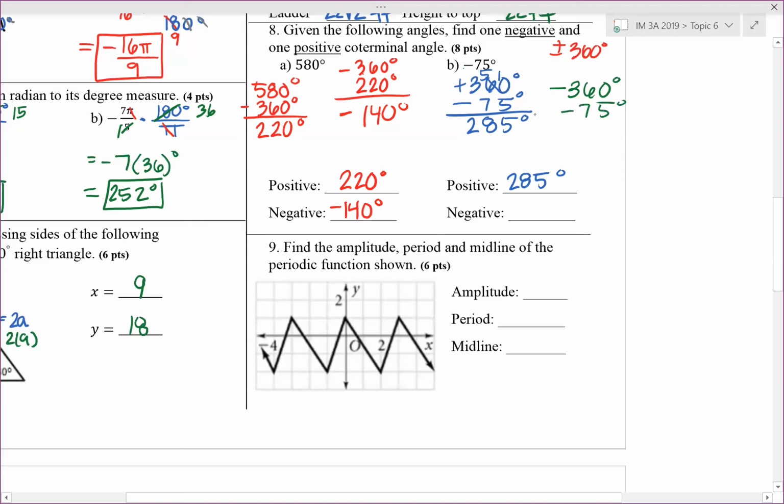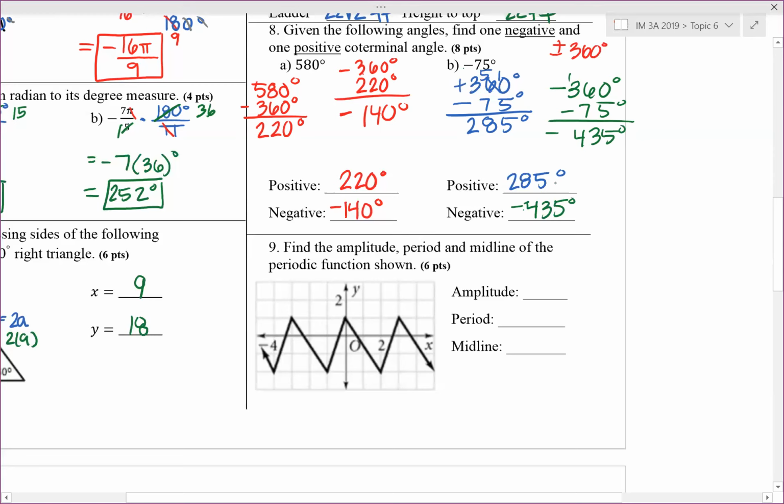Remember that works like I'm adding the two negatives together. So negative 75 minus 360, I'm really adding, and my answer is going to be negative. So I get 5, 6 plus 7 is 13. So I get negative 435 as the negative coterminal angle.